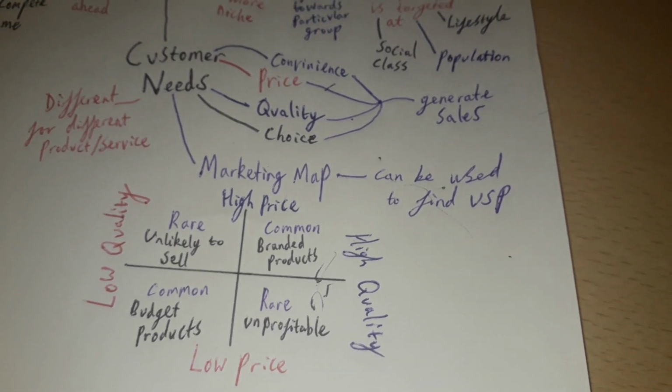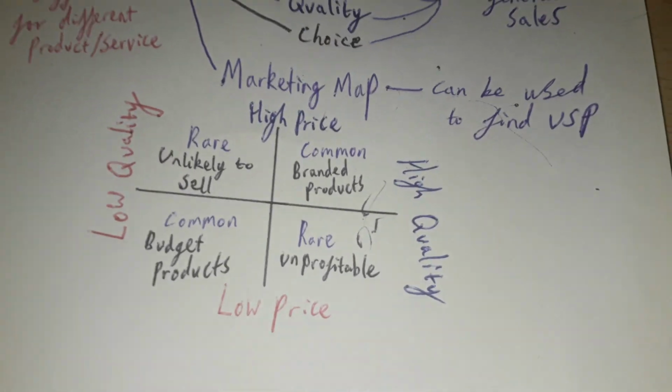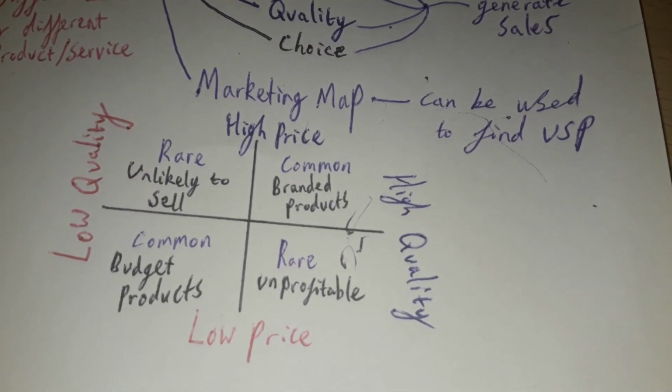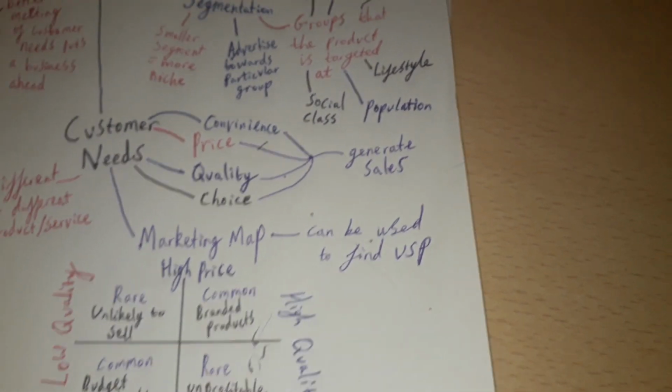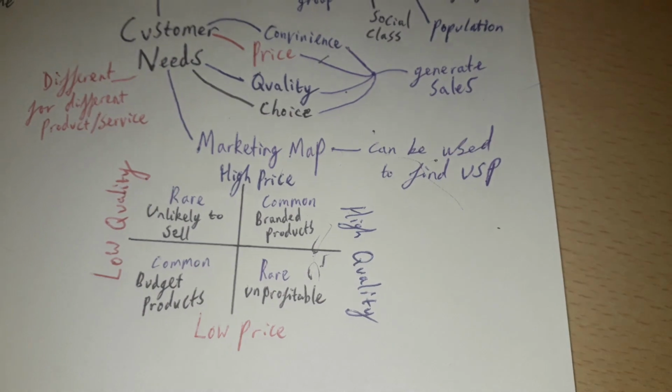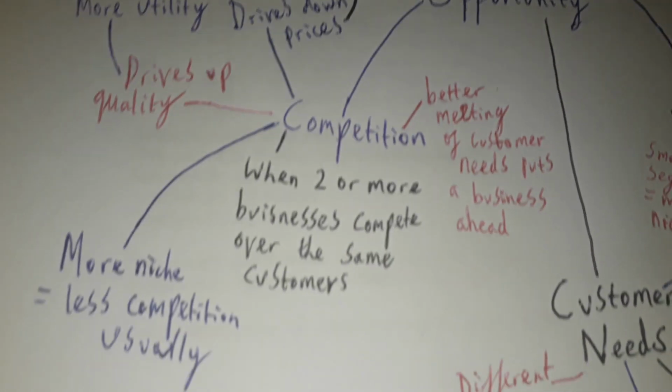And even in other categories, there are products that fit into this. It's also rare to have a low price, high quality product, as this will be unprofitable for the business, and every business needs a certain amount of profit to survive in this competitive environment.